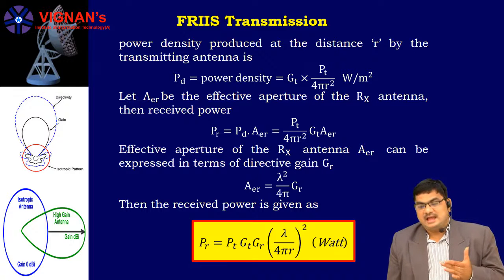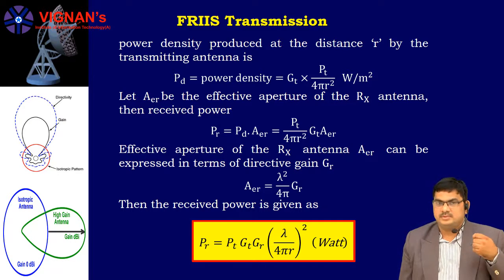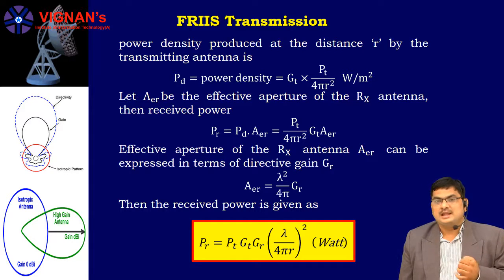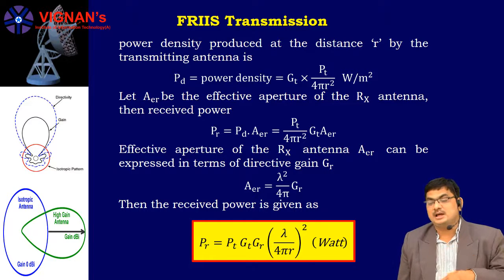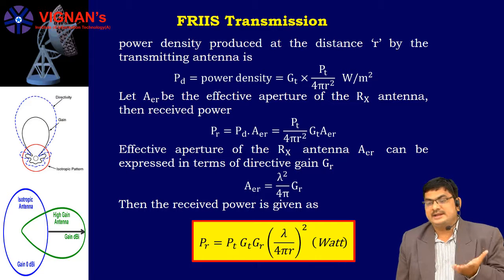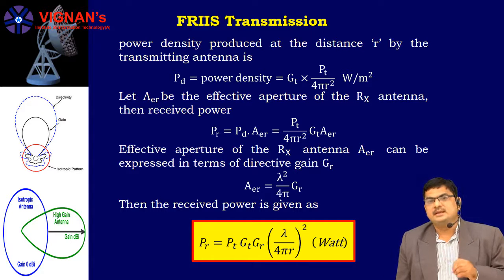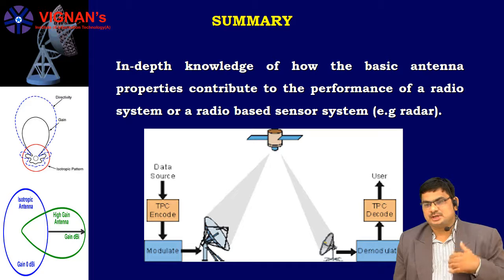The effective aperture of the receiving antenna AER can be represented in terms of gain: AER equals lambda square by 4 pi into GR. If we substitute the AER value in the received power equation, we get PR equals PT GT GR into lambda by 4 pi R whole square. This is the Friis transmission formula to get the received power in terms of effective aperture.